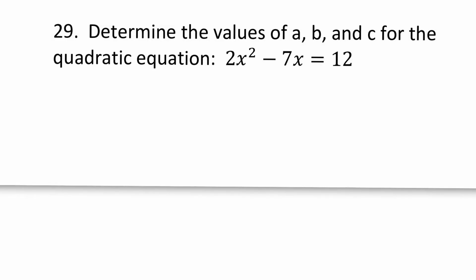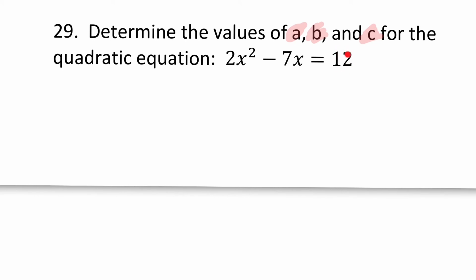29 says determine the values of a, b, and c for the quadratic equation. So notice, we're not solving, we're not graphing, you're not factoring. We just need to know what are the values of the a, the b, and the c. In order to find those values, make sure the equation has an equal to 0.